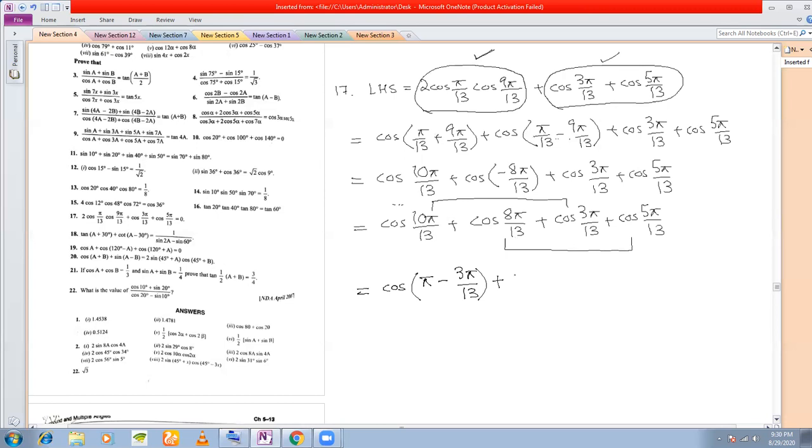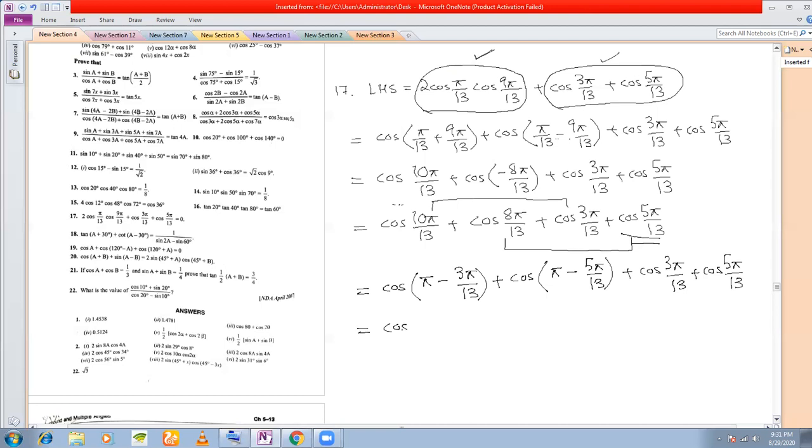Now also what you see here is that 8 pi by 13 I will write in terms of 5 pi by 13. 8 pi by 13 can be written as pi minus 5 pi by 13. And these two I write as it is, cos 3 pi by 13 plus cos 5 pi by 13.